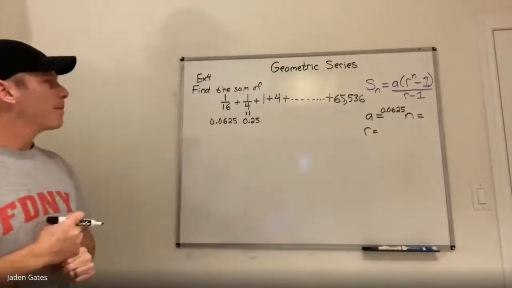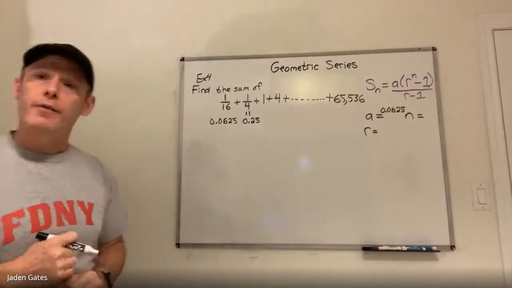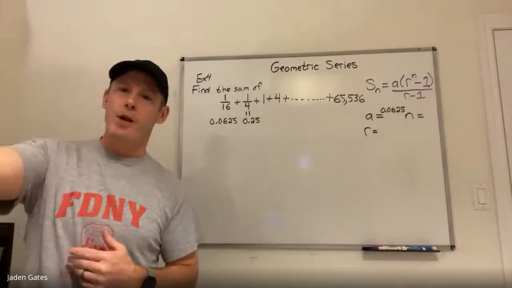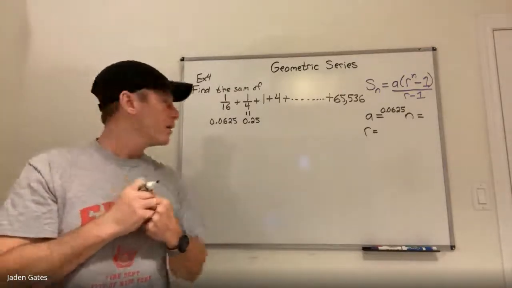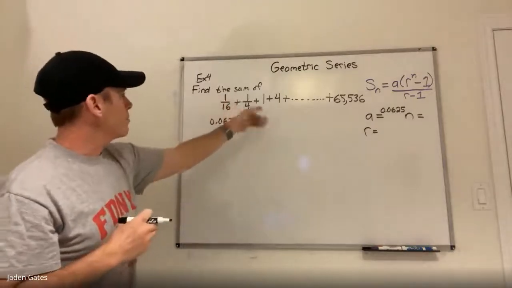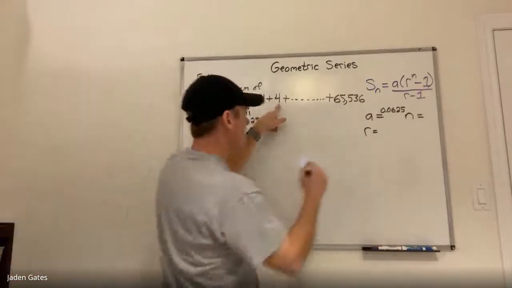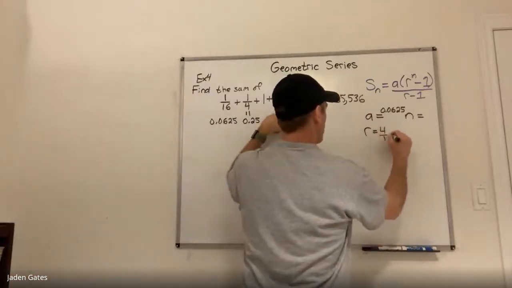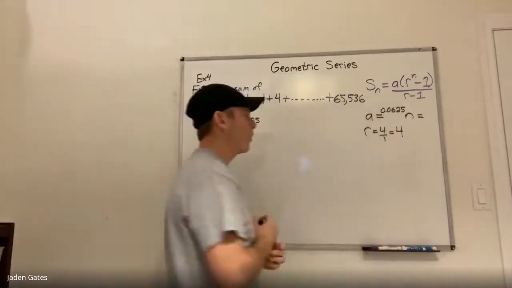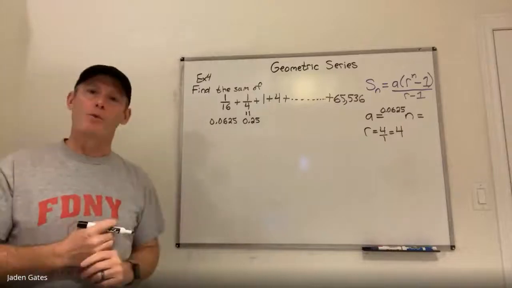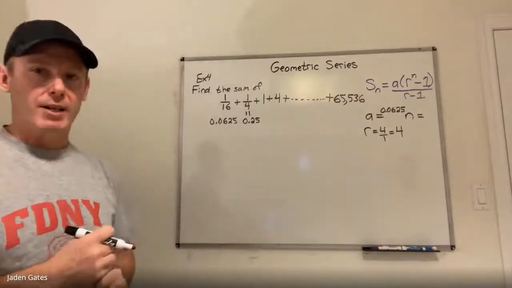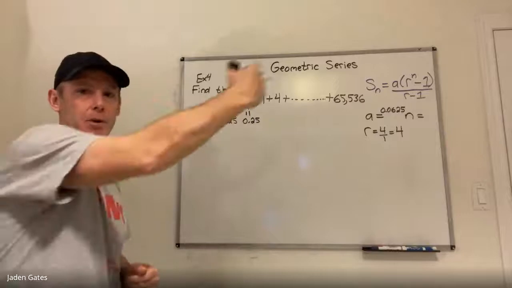One down. R, I can find. Again, find one term divided by the one before it. I don't want to mess around with these decimals, so I'm just going to take 4 divided by 1. Well, that is 4. So my ratio is 4. Keep multiplying by 4 as I go up.